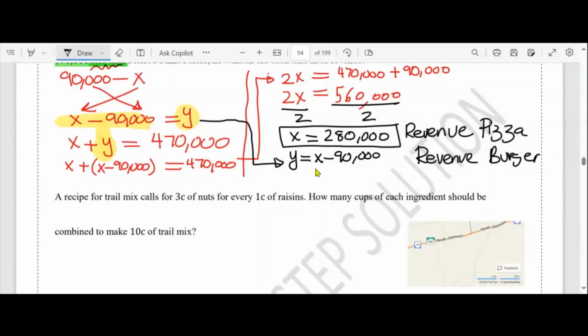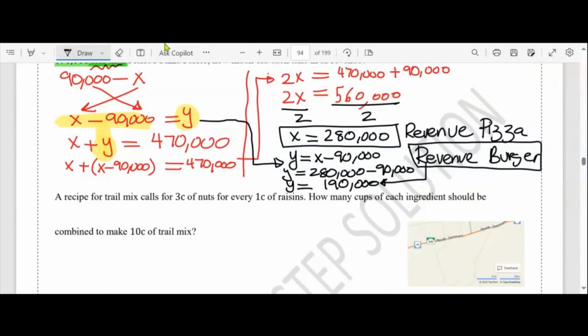How much is x? 280,000. 280,000 minus 90. Can you please use the calculator? And how much? 190,000. The question and the answer is wrong. Really? Yeah, because it doesn't make sense.